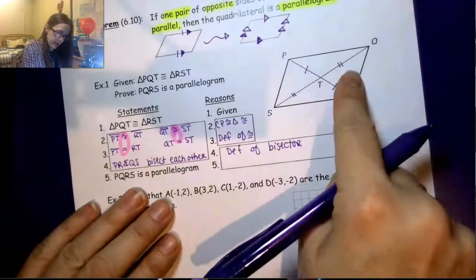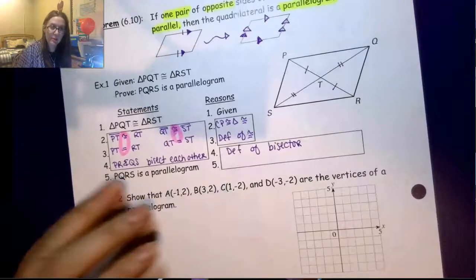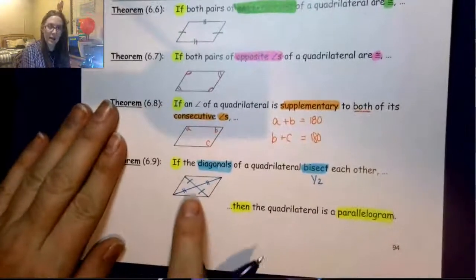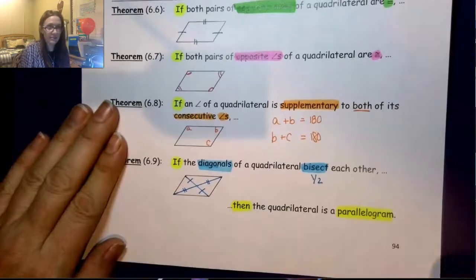So if these bisect each other, can I now say it's a parallelogram? And well, yeah, I can go to the next page, and if my diagonals bisect each other, that's enough.